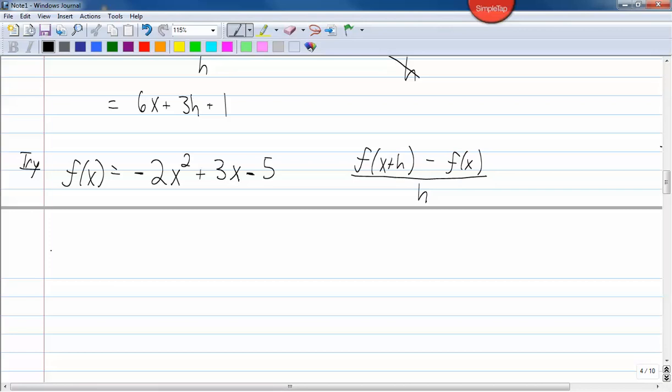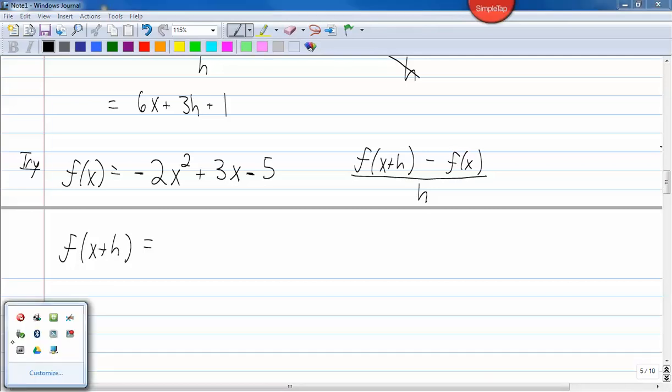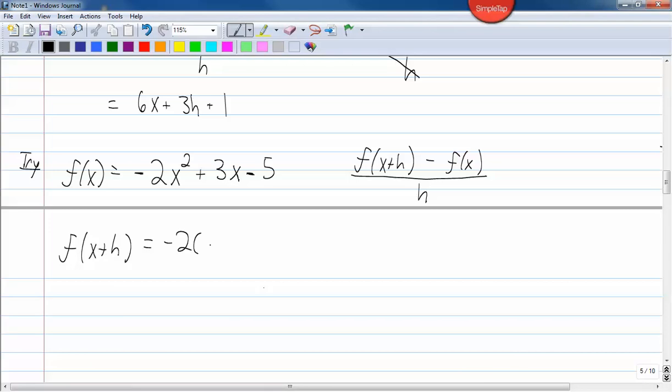So first start working on f of x plus h. I'll give you a few minutes to do that. I'm going to work out f of x plus h now, and then stop there. Make sure you have the right f of x plus h. So plug x plus h in parentheses for every x, and make sure you put that square there.